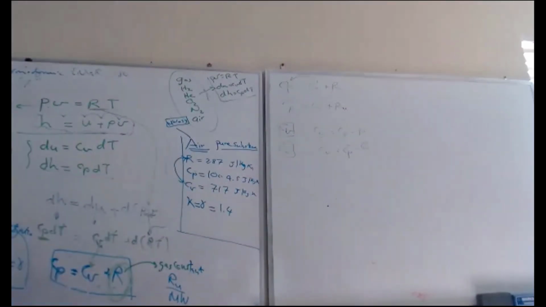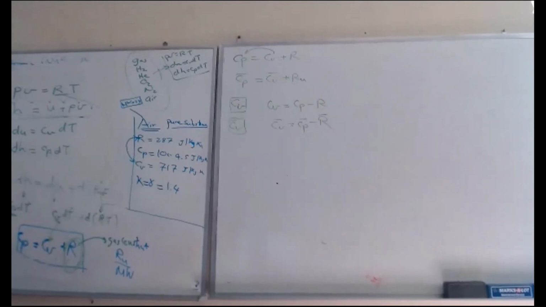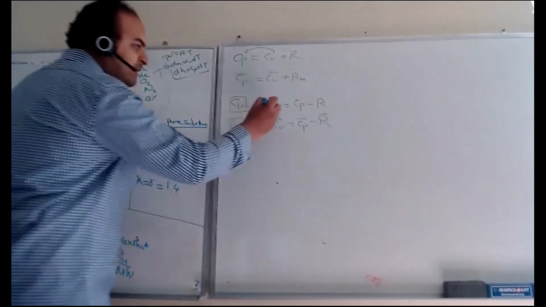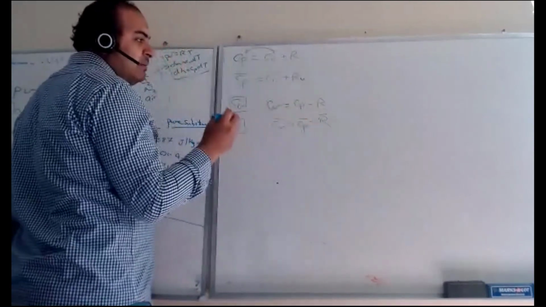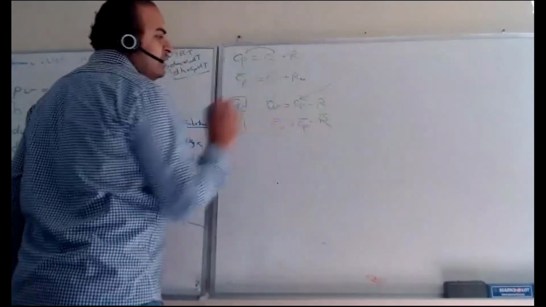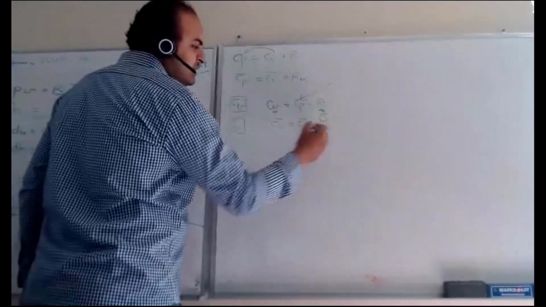So do not be confused. Clear? If you want Cv from Cp, it's Cp minus R. Sometimes tables are provided for Cp. Just subtract R, you get Cv. Subtract R universal, you get Cv bar.